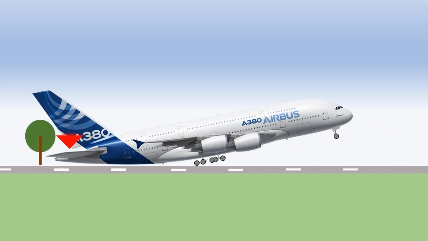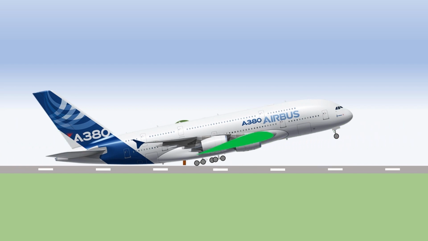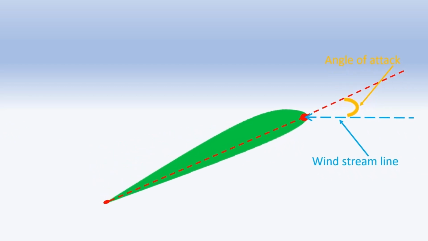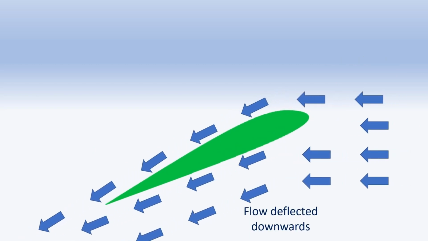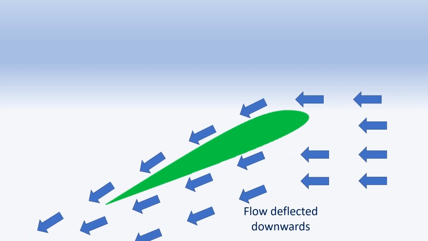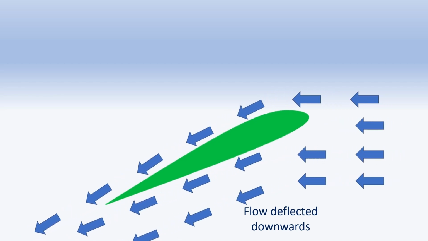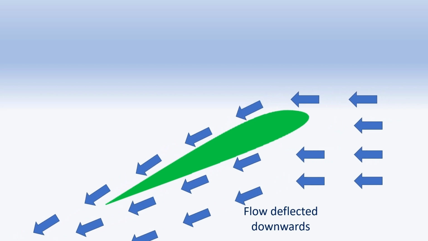Remember the angle of attack that was explained earlier? Now, the angle of attack on the wing is increasing. This is the airflow with a larger angle of attack. As you can see, the airflow under the wing is deflected downwards.